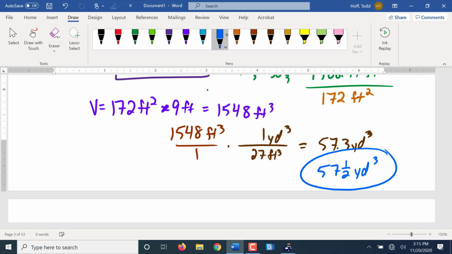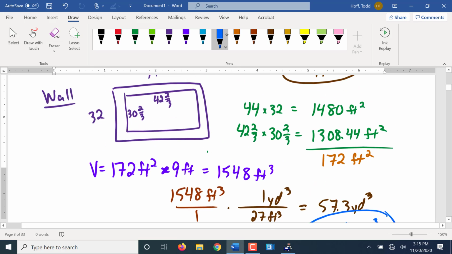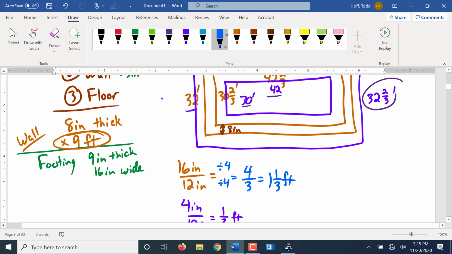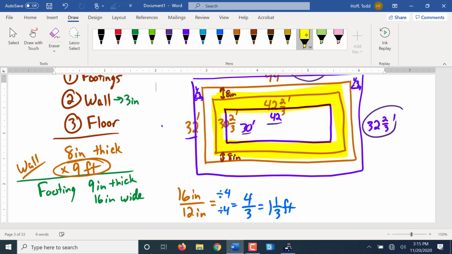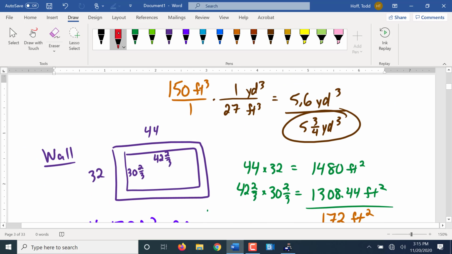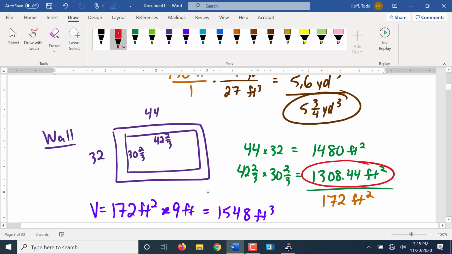For the wall. Now the floor is actually really easy to do because the dimensions of the floor are the inside of the wall. We already have that area. The area of the inside of the wall is the 1,308.44.